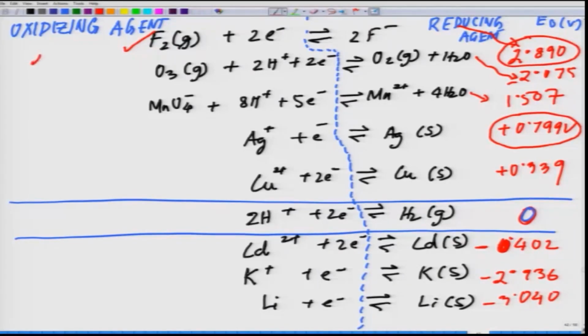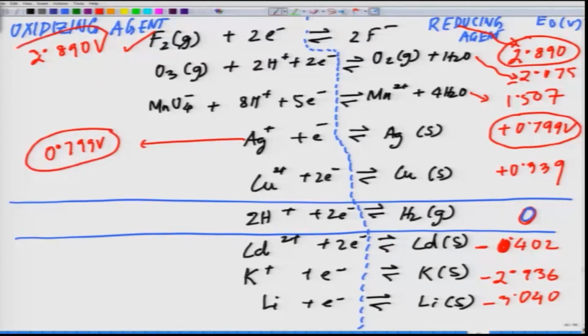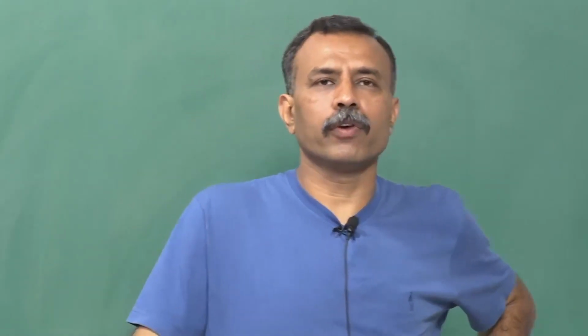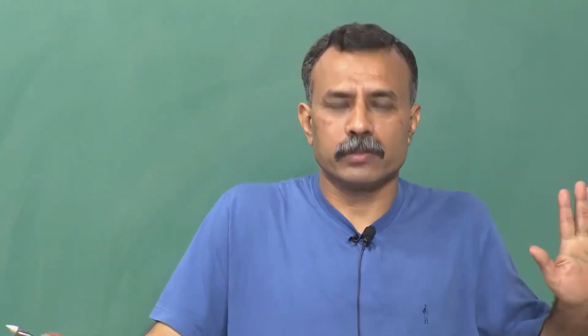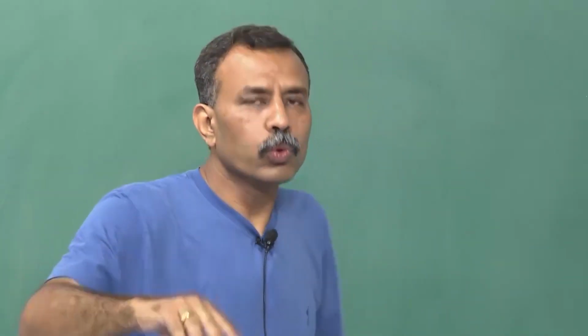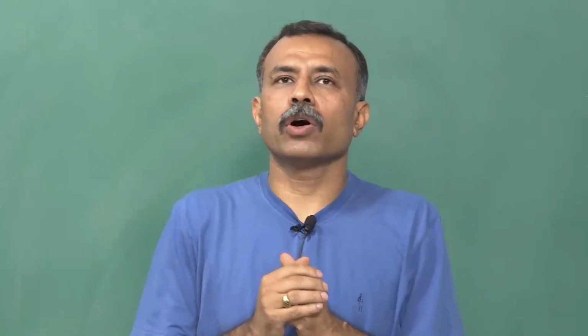So, let us write down the value: 2.890 volt, and you have silver 0.799 volt. Now, in this situation, say for example, I make a cell of silver and fluorine, just for imagination's sake, and I ask you the question, who is going to pull the electron faster?